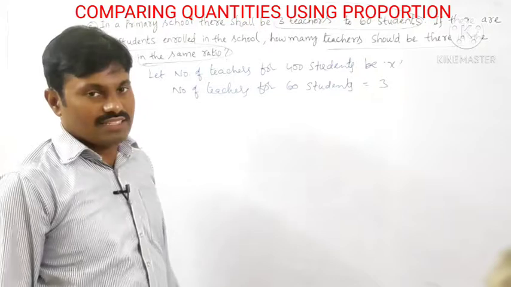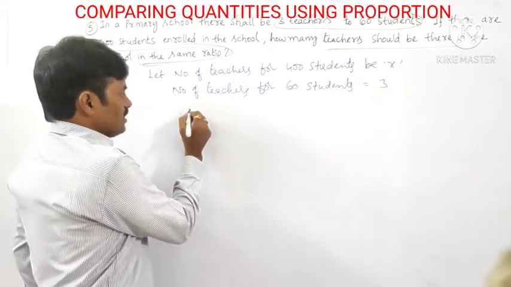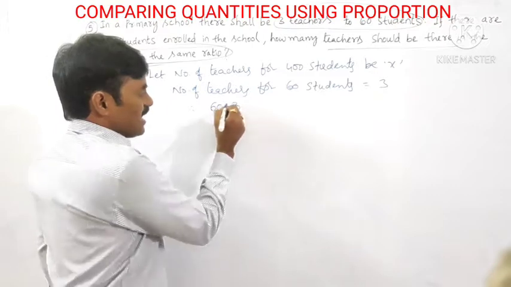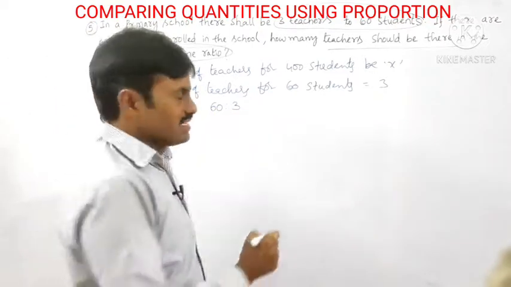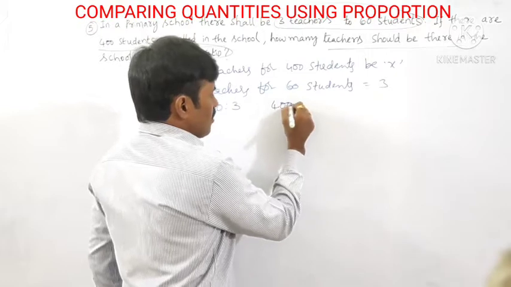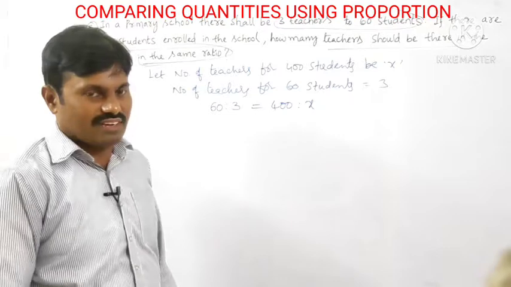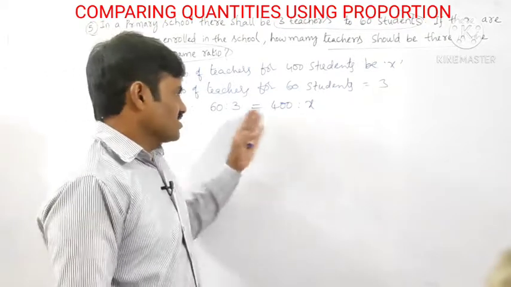So we can write it according to the problem: for 60 students 3 teachers, then 400 students, how many teachers? In the same ratio, so we put an equal to sign in the middle. Now here the ratios are equal.